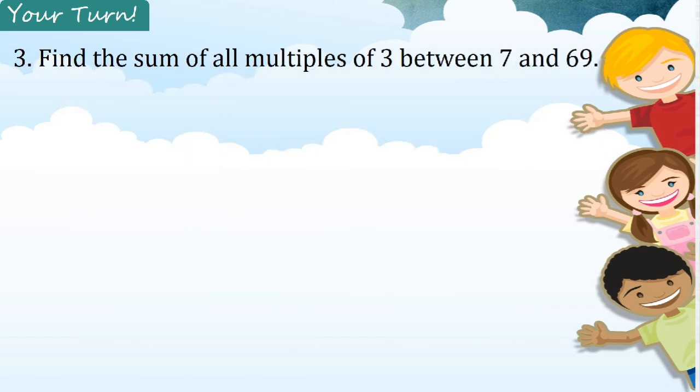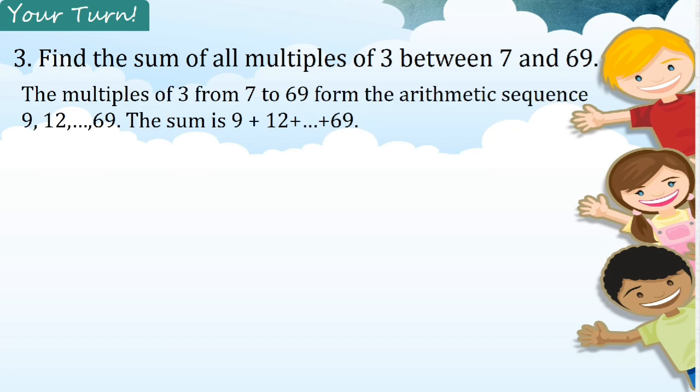And for the last item, find the sum of all multiples of 3 between 7 and 69. So, in this case, we have to form a sequence first for us to identify the first term and the common difference. So, the multiples of 3 from 7 to 69 form the arithmetic sequence 9, 12, and so on. So, we start at 9 since 7 is not a multiple of 3, 8 is not a multiple of 3.